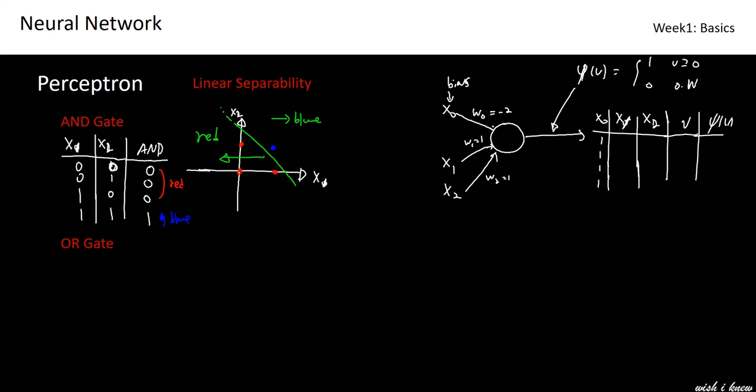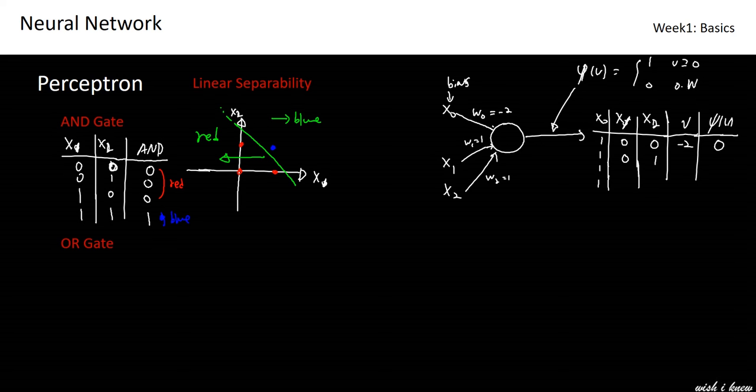Let's check. So x1 is first 0, 0, and v is then going to be -2 because the weight is -2, 1, 1. So -2 plus 0, 0 is going to be -2, so the activation will be 0. Next one is 0 and 1.